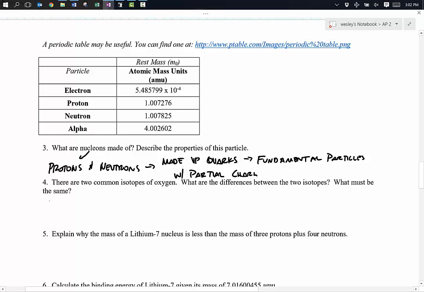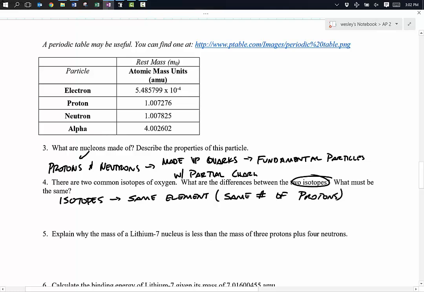Okay, so there are two common isotopes of oxygen. Isotopes are the same element, which means they have the same number of protons with different numbers of neutrons.